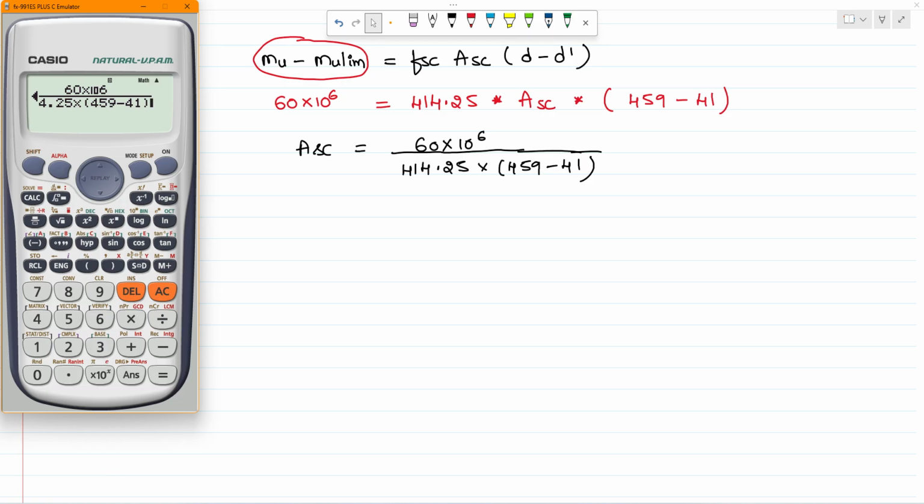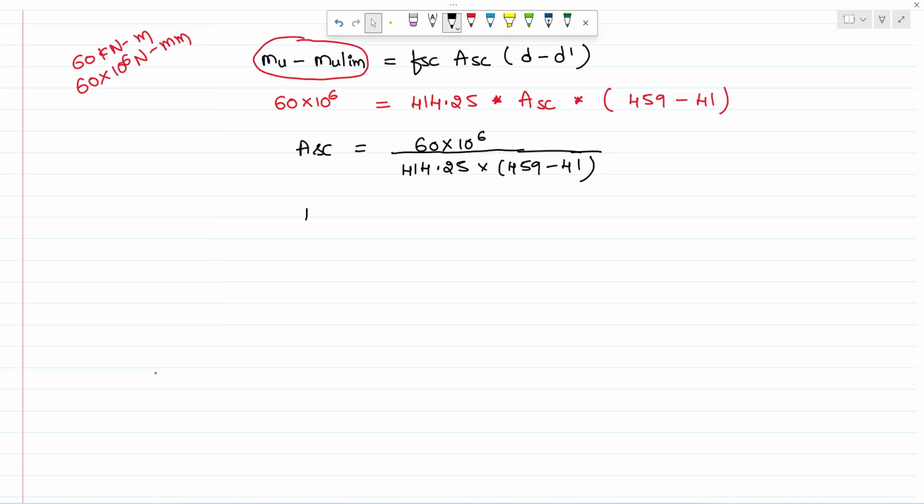It will be 346. So your compression reinforcement ASC is 346. I will take it as 347 mm square. Okay, so this will be C2.